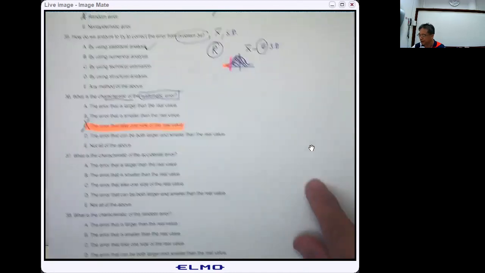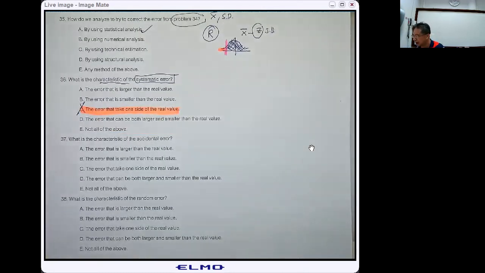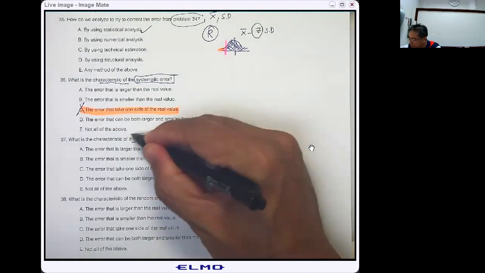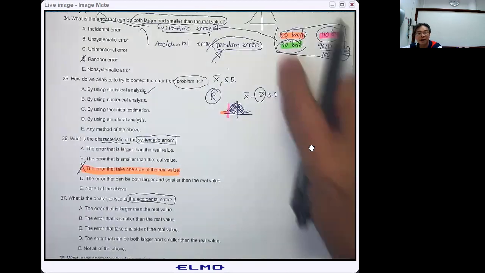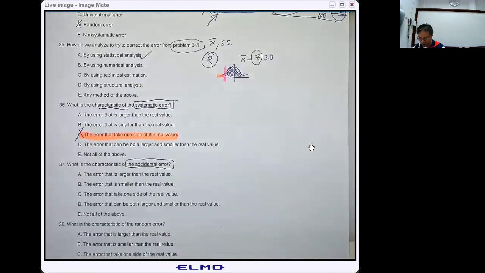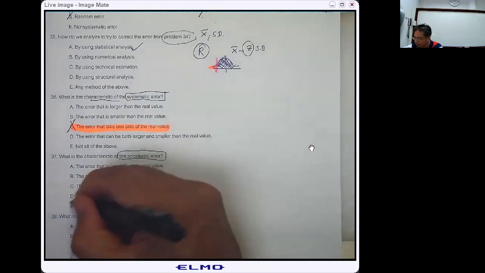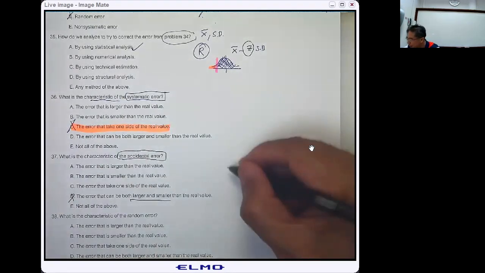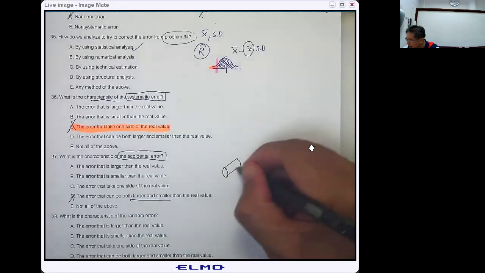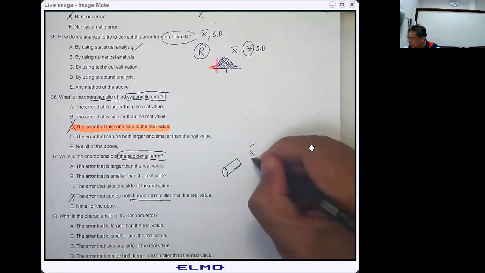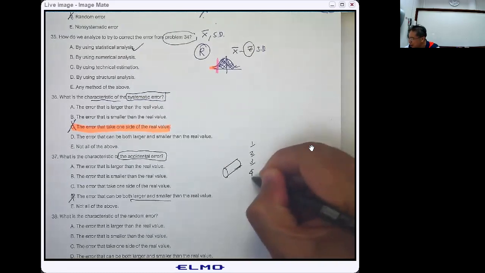Okay. 37. What is the characteristic of the accidental error? When we come to the accidental error, that is going to be the random error. So this kind of error is going to be what? It can be both larger or smaller than the real value. If you have a specimen and you give it to 5 of your friends to measure, it's going to be a total of 5 values.